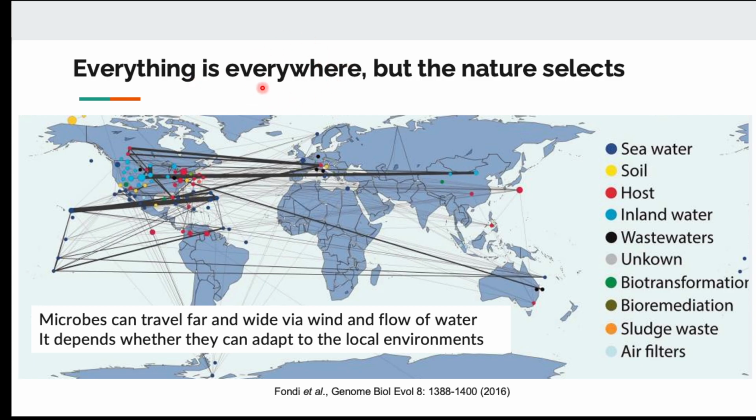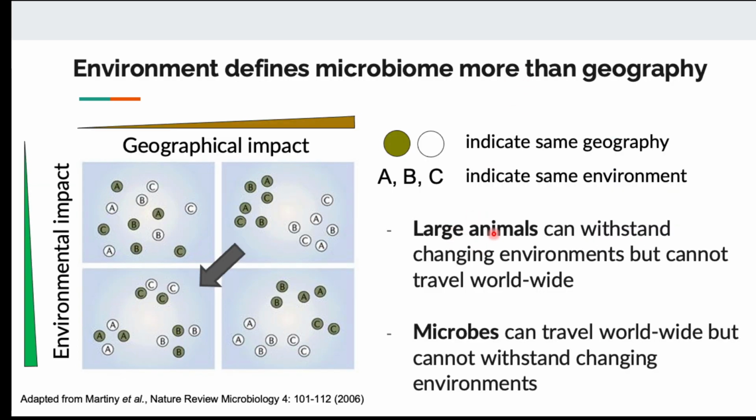There is no boundary. But the difference between bacteria and us is that we and other large animals can withstand changing environments. We can withstand changing temperature. You can survive in sub-zero degrees and also 35 degrees, but bacteria probably cannot. So large animals like us can withstand changing environments, but we cannot travel very far.